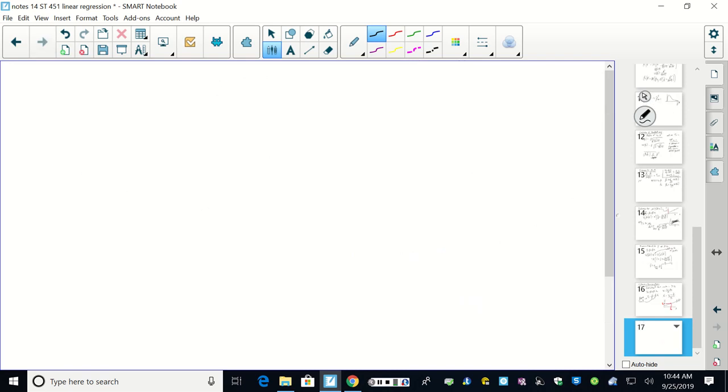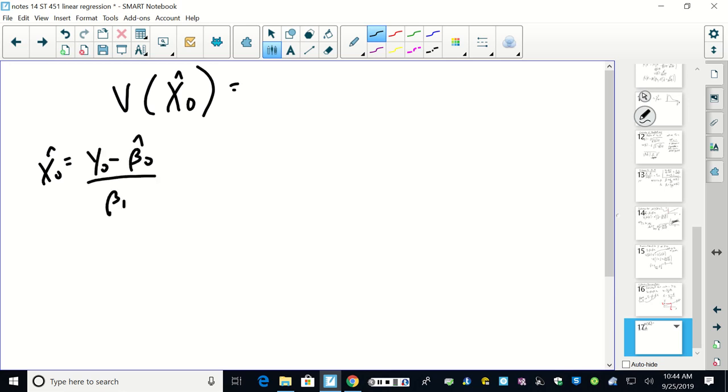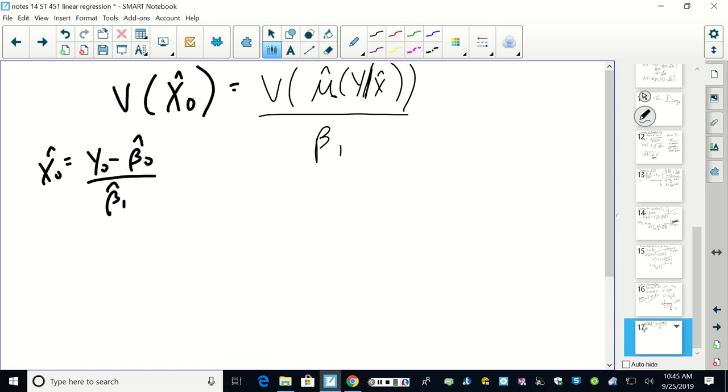So it turns out that the variance of x sub 0 hat from our prediction, where x sub 0 hat is y sub 0 minus beta 0 hat over beta 1 hat, is the variance of estimating y at x hat, estimating the average at that point, over beta 1, the absolute value of the slope.